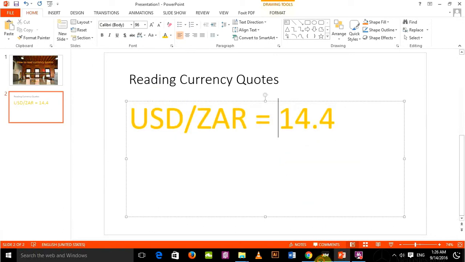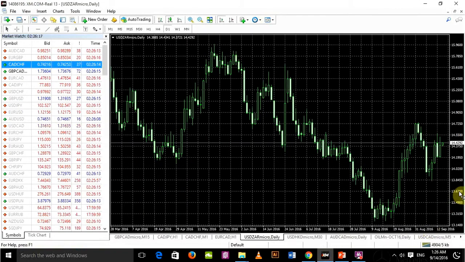Quickly, I want us to look at a live chart. We have a chart here that expresses the change in price of the currency pair USD ZAR. ZAR is your South African rand, for those of us who do not know. So it's the US dollar against the South African rand.